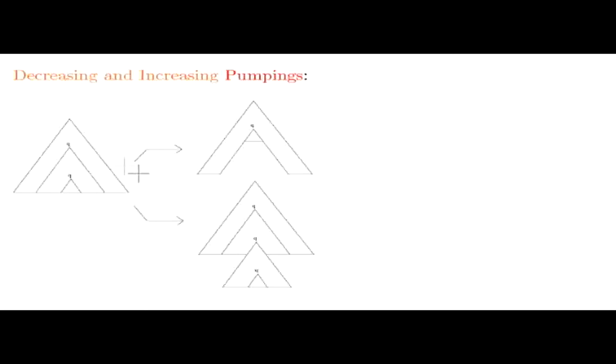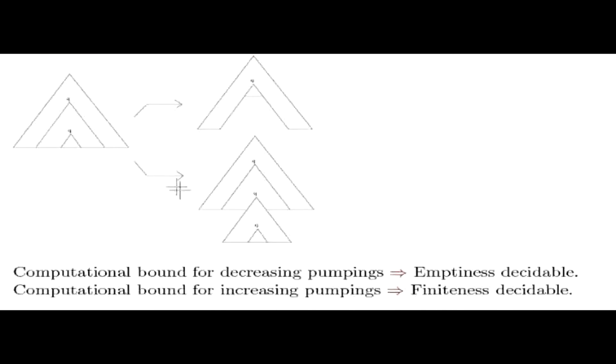Decreasing pumpings allow to prove decidability of emptiness, since they give a bound for the existence of an accepted term. Increasing pumpings allow to prove decidability of finiteness, since they give a bound for the maximal height of a term in the case where the language is finite.